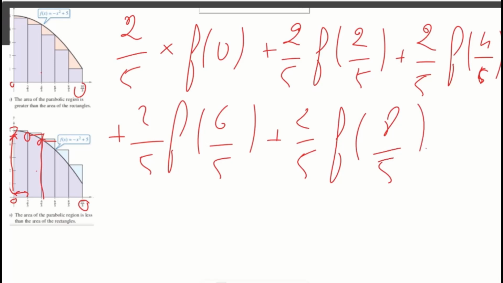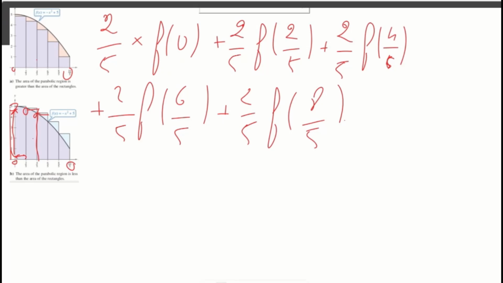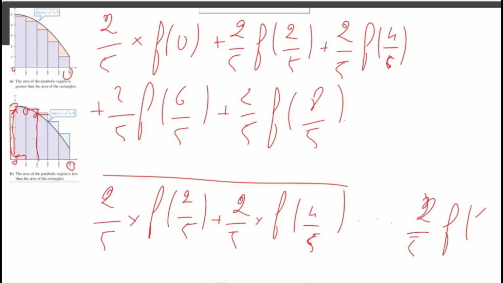Now, if we want to compare this with the first part that we had, in the first part we found that we had 2 over 5 times f of 2 over 5 plus 2 over 5 times f of 4 over 5, all the way until 2 over 5 times f of 10 over 5.